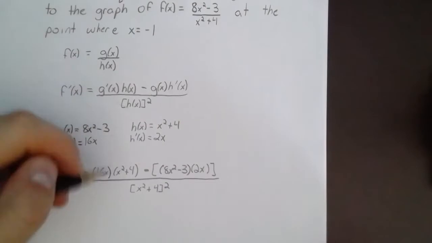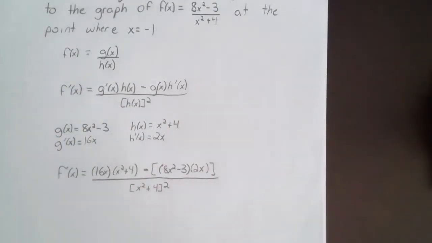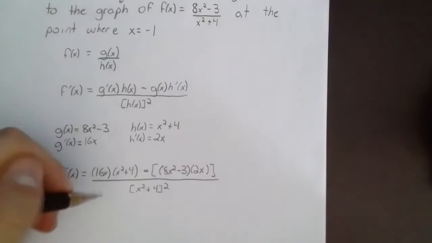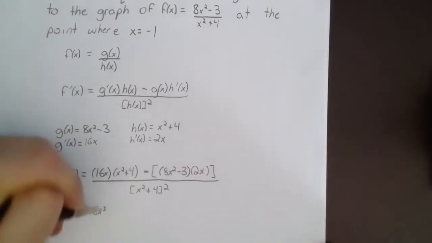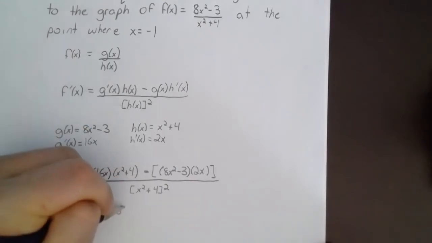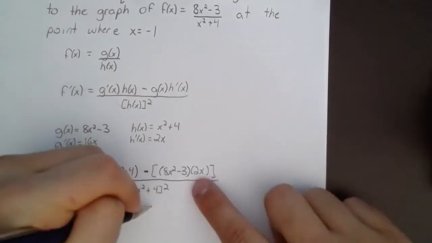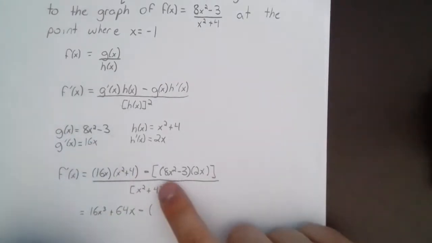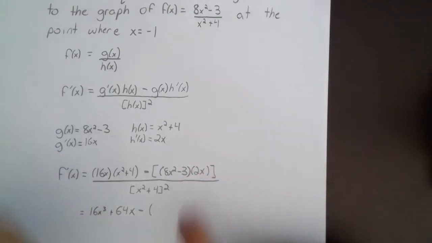Okay, so let's clean up my numerator here. I can distribute my 16x throughout the bracket. So I'm going to have 16x cubed plus 16x times 4 is 64x, minus. Same thing with this side here. We're going to take the 2x and distribute it through that bracket.